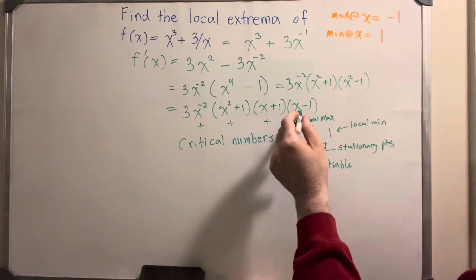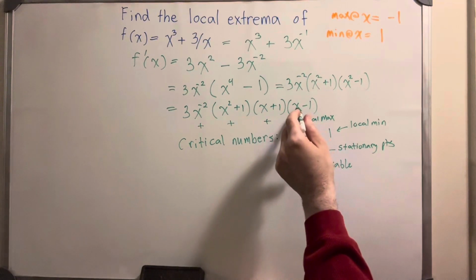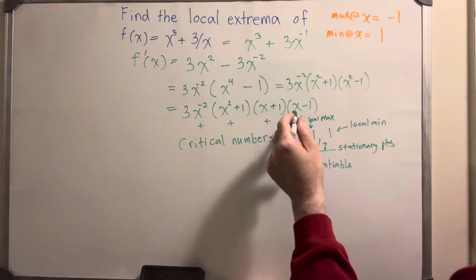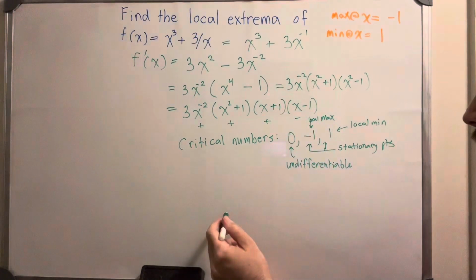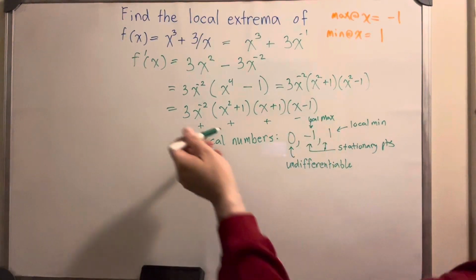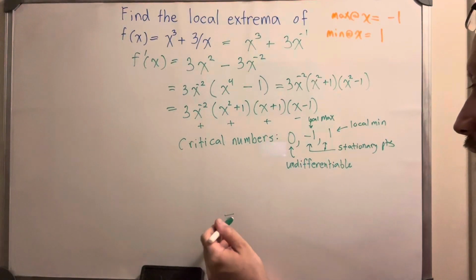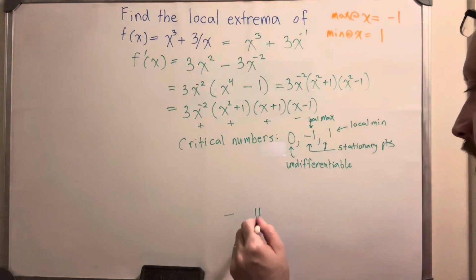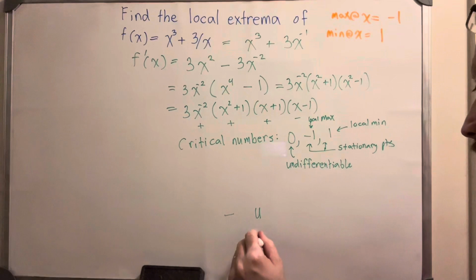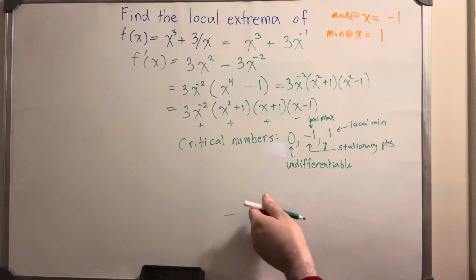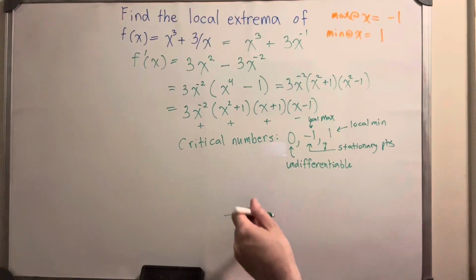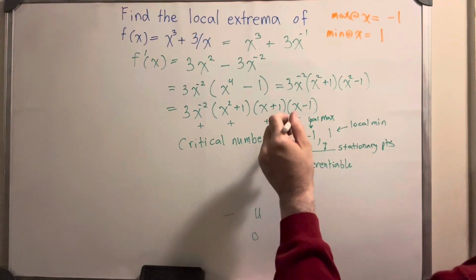And a small negative number minus 1 would be a negative number. So we're looking at a negative slope. And then I'm going to put a u, meaning undifferentiable, at 0. And let's see if the slope changes direction or if it keeps going down if we have a small positive value.